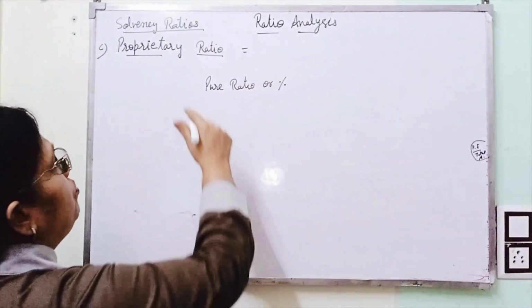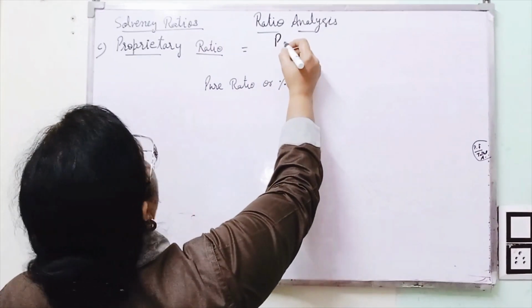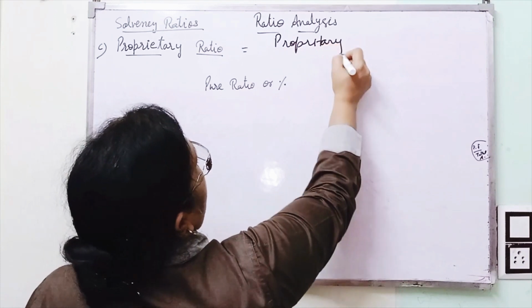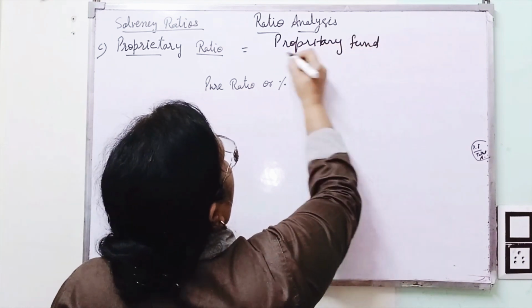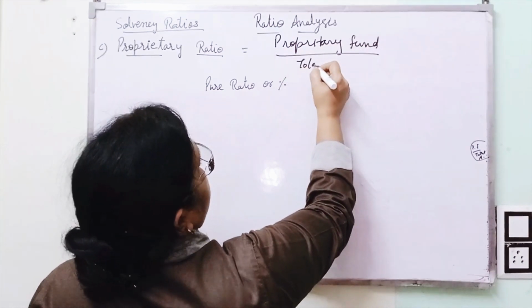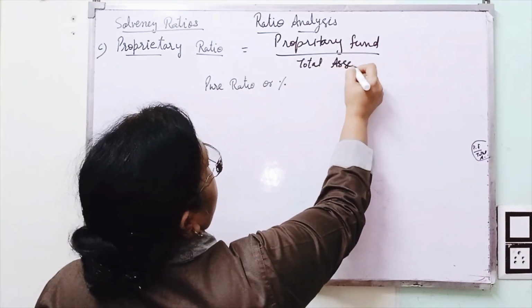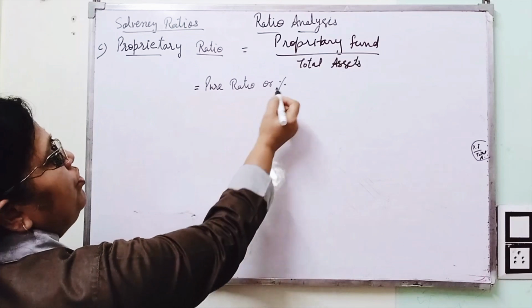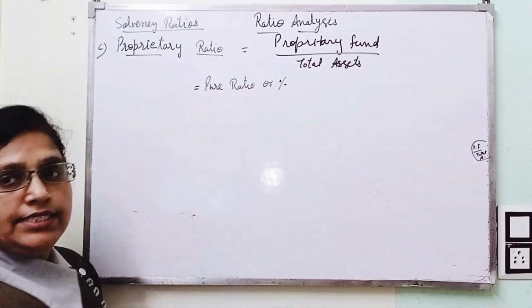So what is the formula for it? Proprietary ratio is equal to proprietary fund upon total assets. This ratio can be presented as a pure ratio or in percentage.